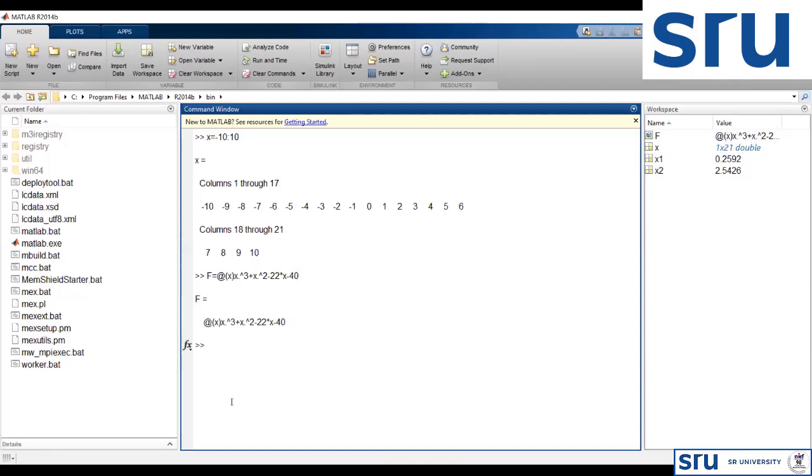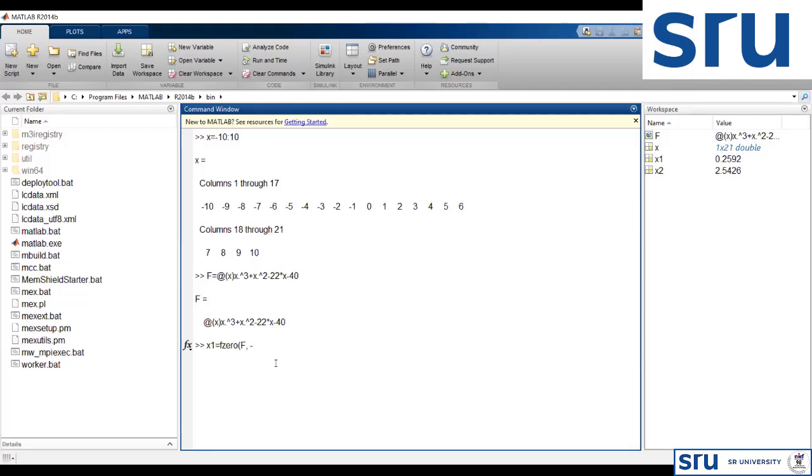So I have added it, after that you have to find the 3 roots. The first root is x1 equal to fzero, then the function capital F and the initial guess. So write the first initial guess value. The first solution was minus 4, yes, minus 4.6 or minus 3.9.